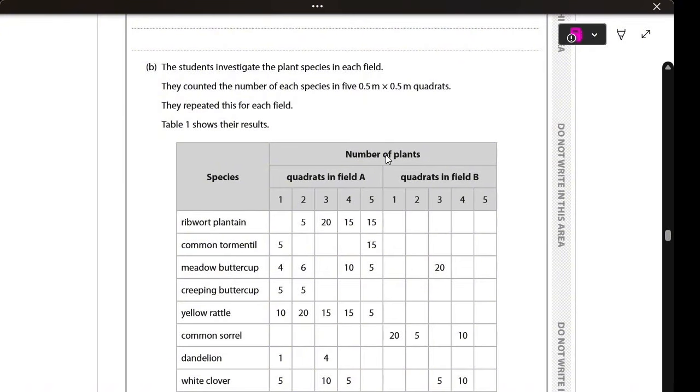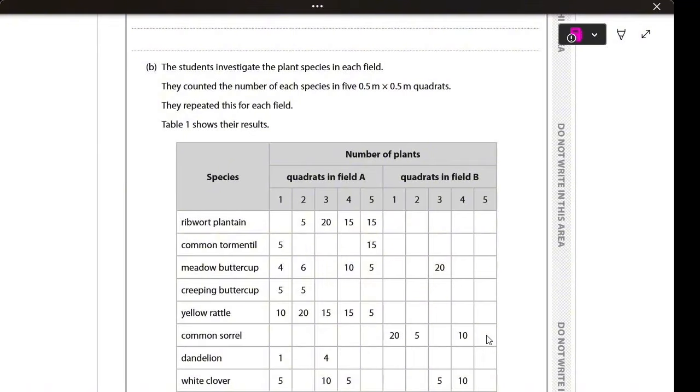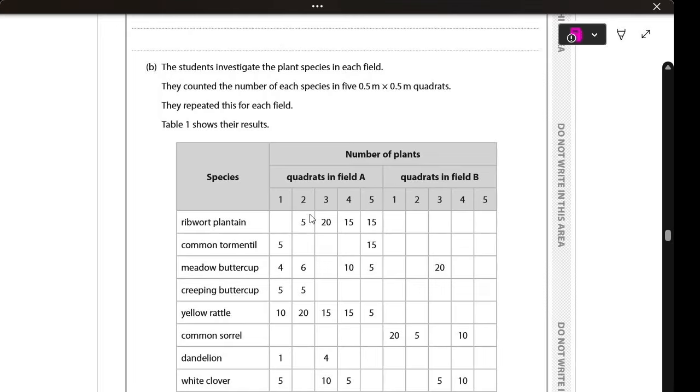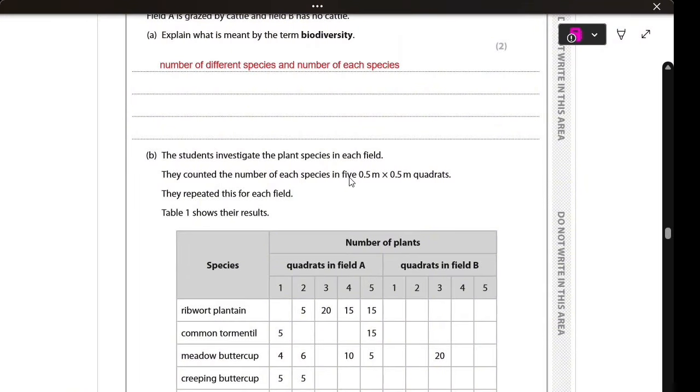Let's break it down. To calculate the number of plants in 1 square meter of area, we have to find out at what area these 35 plants were found. First, each quadrat has an area of 0.25 square meters. How did I find that?